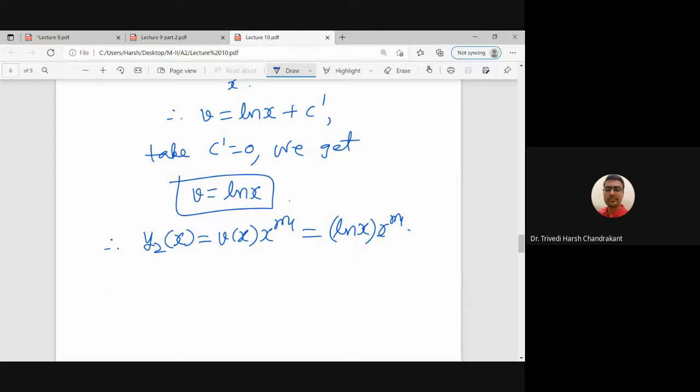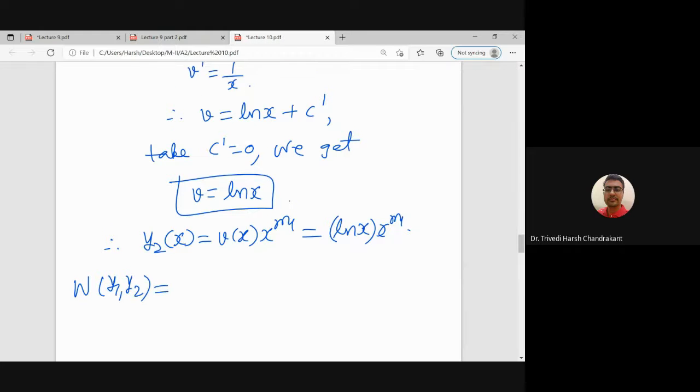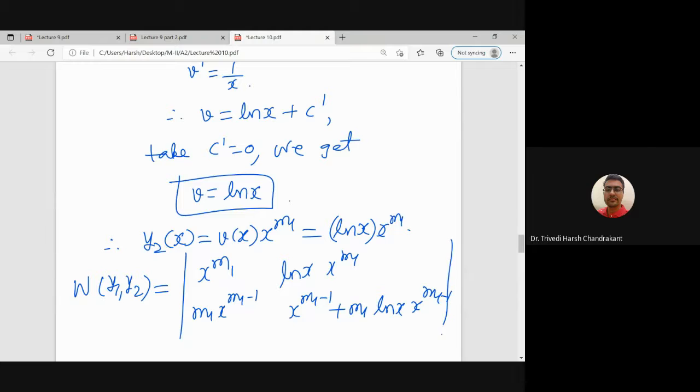Now we can check that this y1 and y2 are LI. So that is the determinant of x power m1, log x times x power m1, m1 x power m1 minus 1, and m1 log x times x power m1 minus 1, plus x power m1 minus 1.